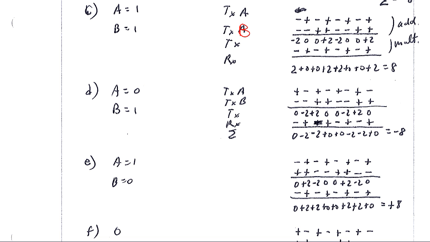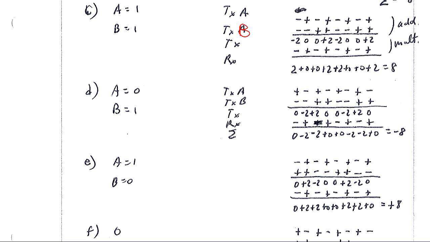And so I'm going to go ahead and use the actual numbers rather than just the pluses and the minuses. But then the receiver is going to correlate with user A's waveform. It's sort of unclear in the statement of the problem that the receiver is going to be using user A's code for all of these problems. But that's what I did here, and I think that's what he meant.